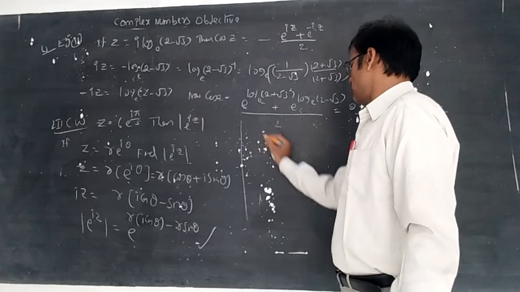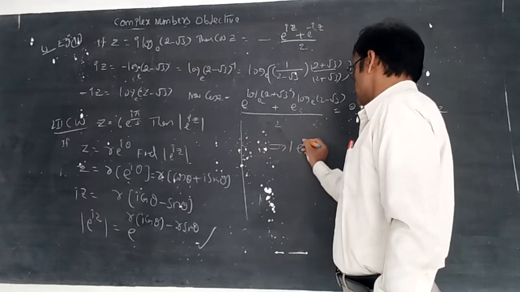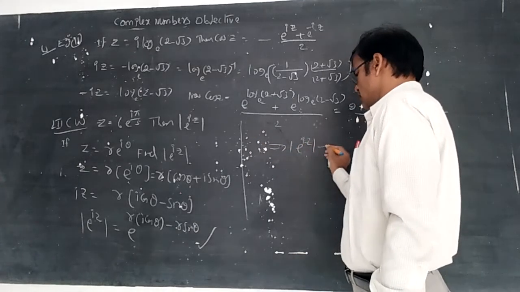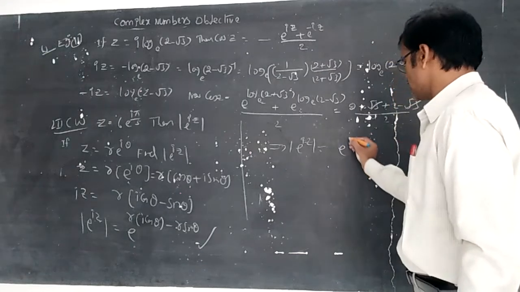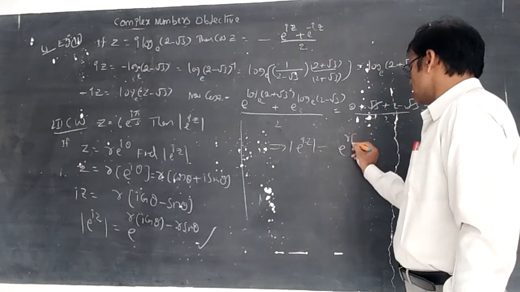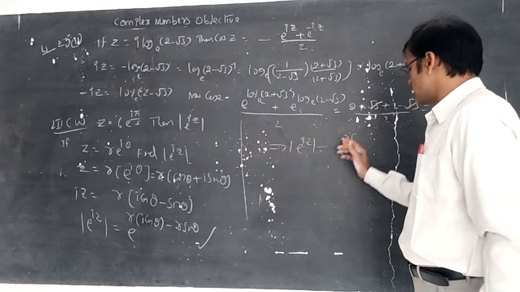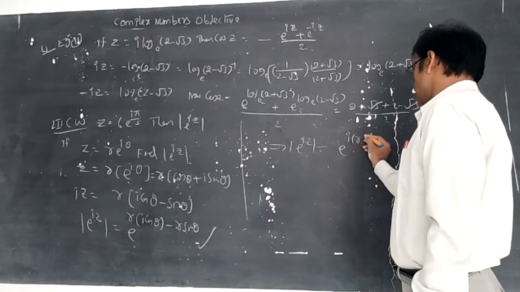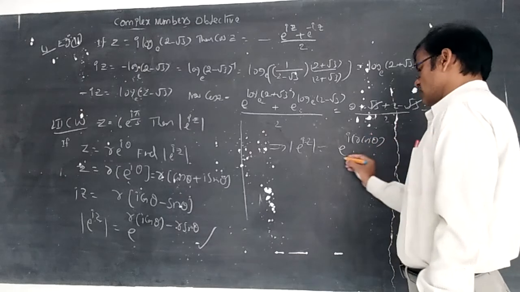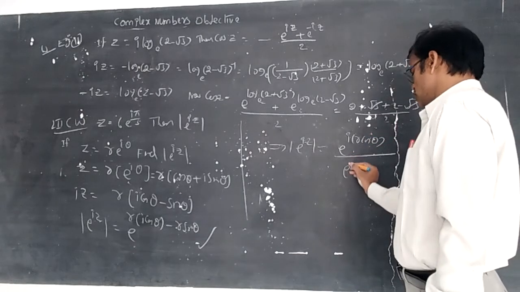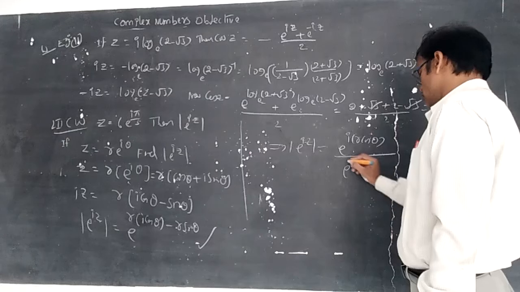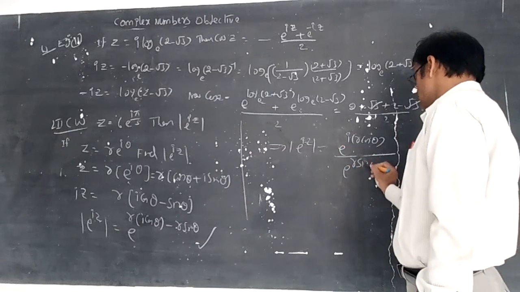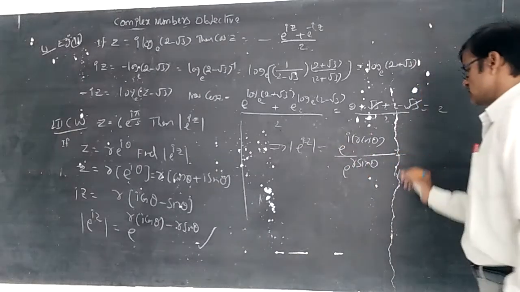That implies modulus of e power iz is equal to e power i r cos theta whole by e power r sin theta.